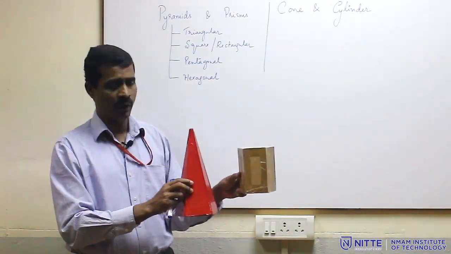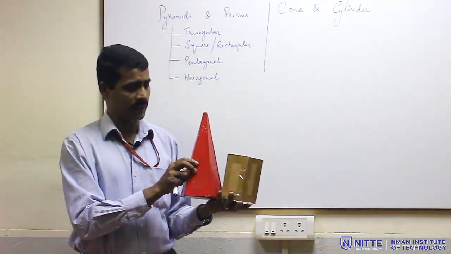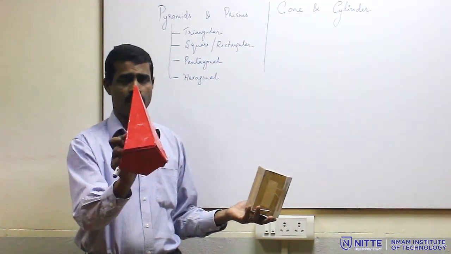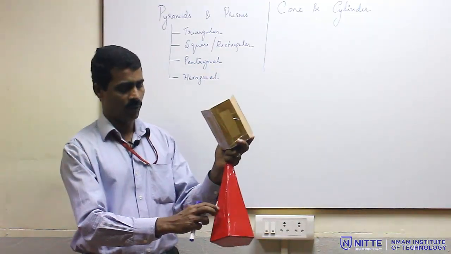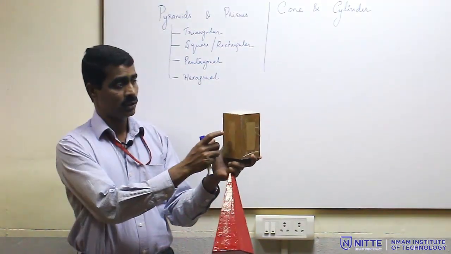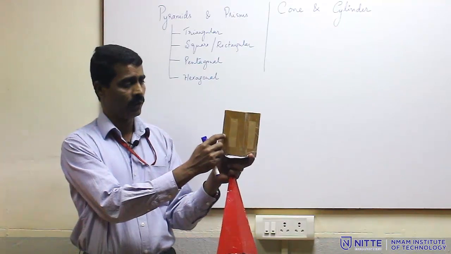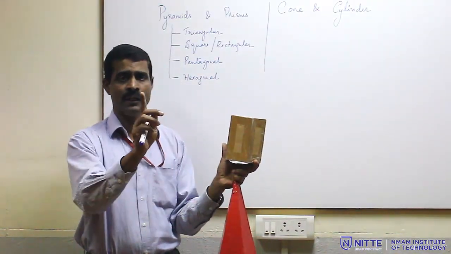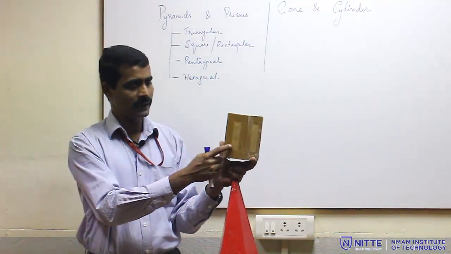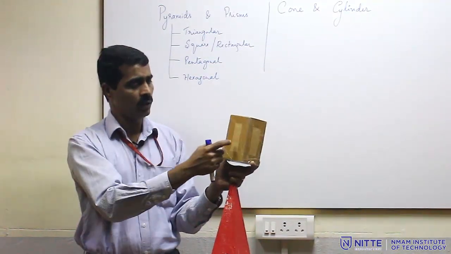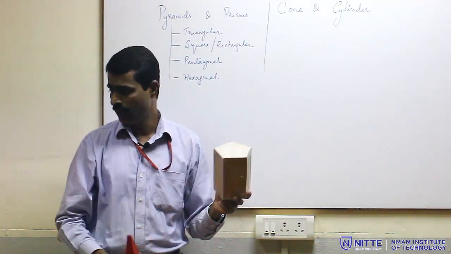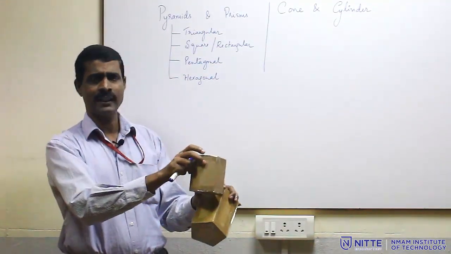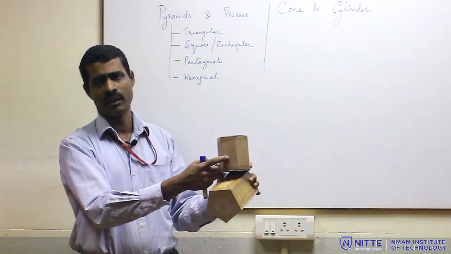The important difference between a pyramid and a prism is that a pyramid has triangular faces as we discussed; the pentagonal pyramid has 5 triangular faces, 1, 2, 3, 4 and 5. In a prism we do not have triangular faces, we have lateral faces in the form of rectangles. A pentagonal prism will have 5 rectangular faces, and a hexagonal prism has 6 rectangular faces.